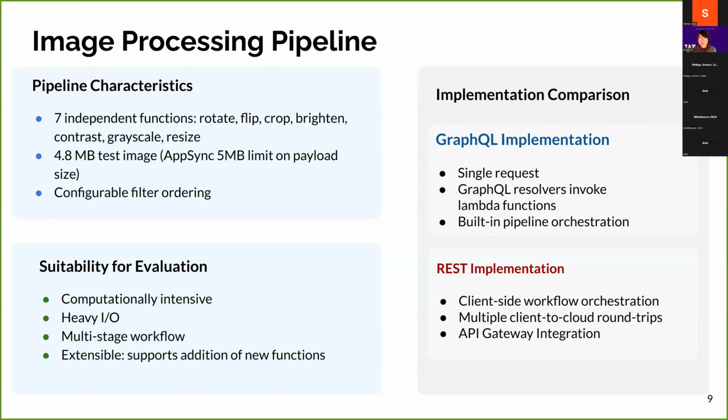Each is supported by an AWS Lambda function and does its individual job, like rotating, flipping, and cropping images. We're putting the images right now in the request payload, and to stay below AWS services' payload limits, we chose an image slightly smaller than 5 megabytes. And we can configure how these 7 functions, or image filters, are arranged in the application.